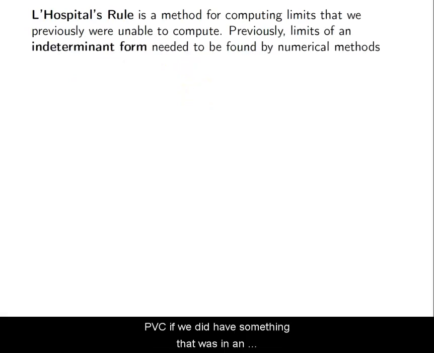Previously, if we had something in an indeterminate form, we would use a numerical method. We did use a numerical method for calculating a limit a few times in the videos. For those in my class, you've done more than a few through your homework, practice, and classwork problems.